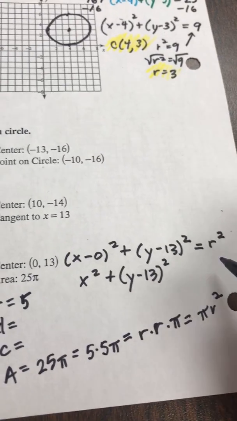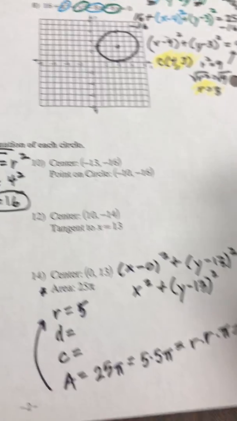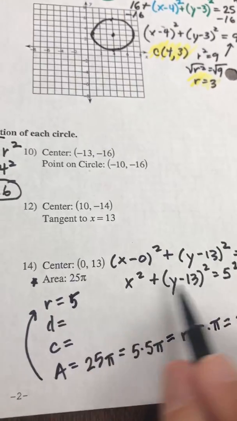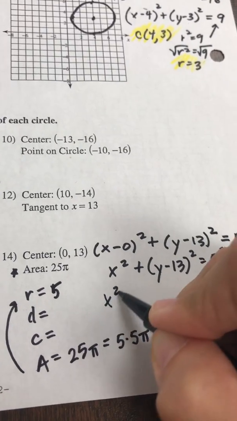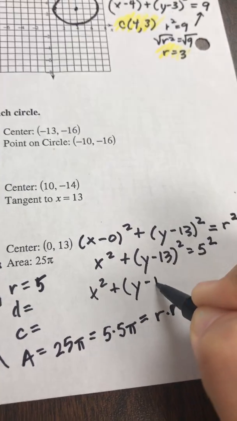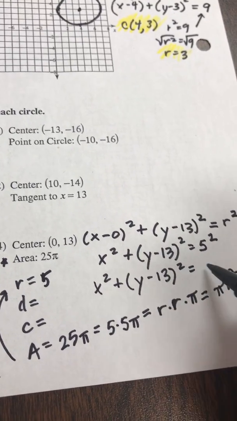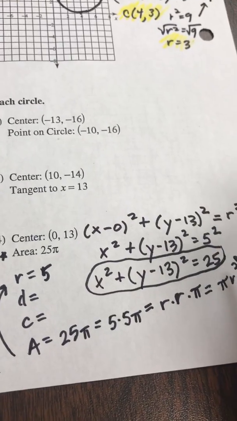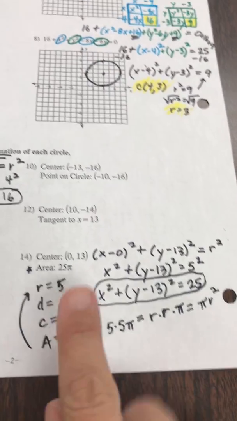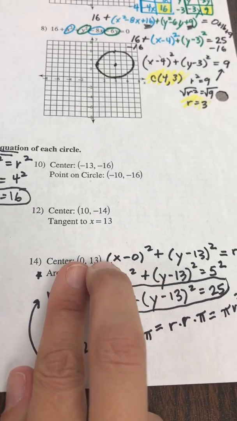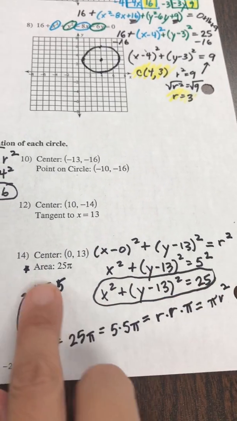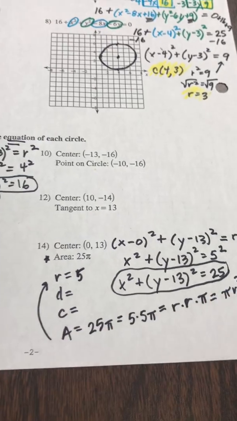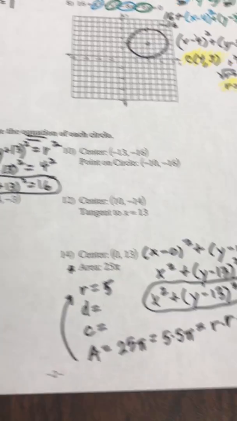I didn't really change that one, but we also know now that the radius is 5, so that would be 5 squared. Now, last but not least, a lot of people are going to want to rewrite it again. I'm okay. Any of these are correct, but some students would want to go ahead and put equals 25, which is a true statement. So working backwards, the center would be that, and a radius of 5 would give you an area of 25 pi. 100% agree.